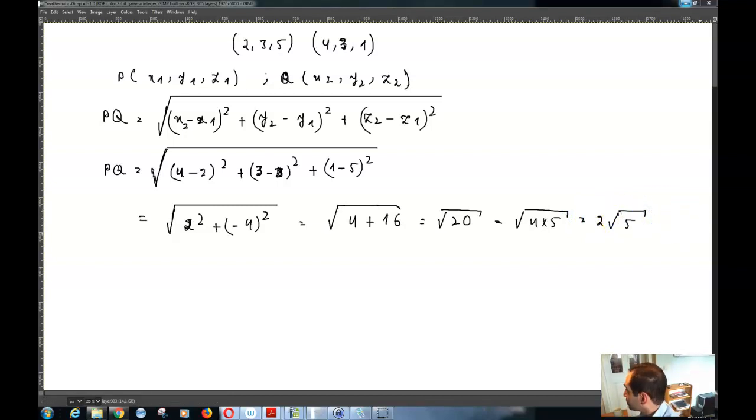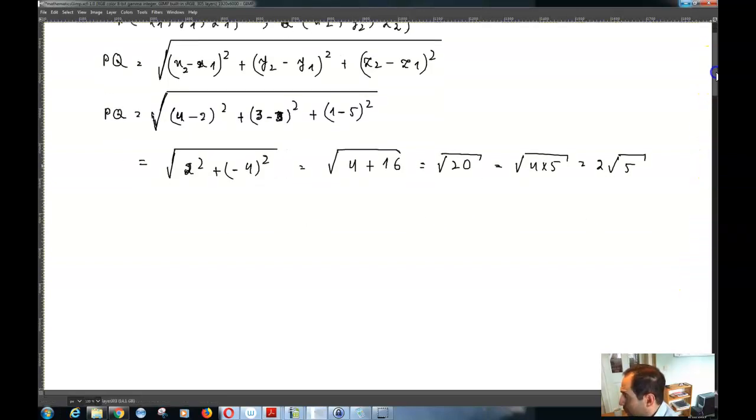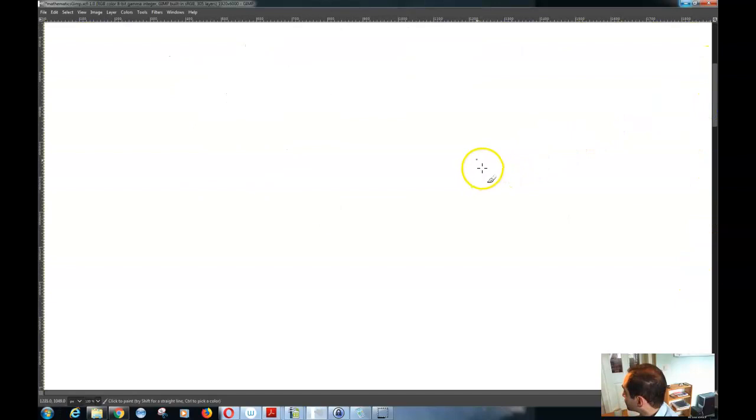So question number 1, part 1, is 2 square root of 5. Part 2 of this question has the points negative 3, 7, 2, and 2, 4, negative 1.